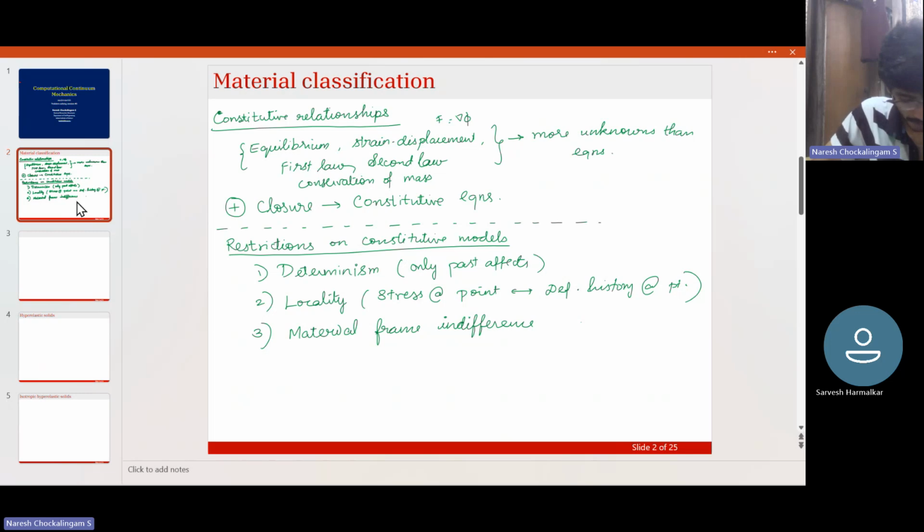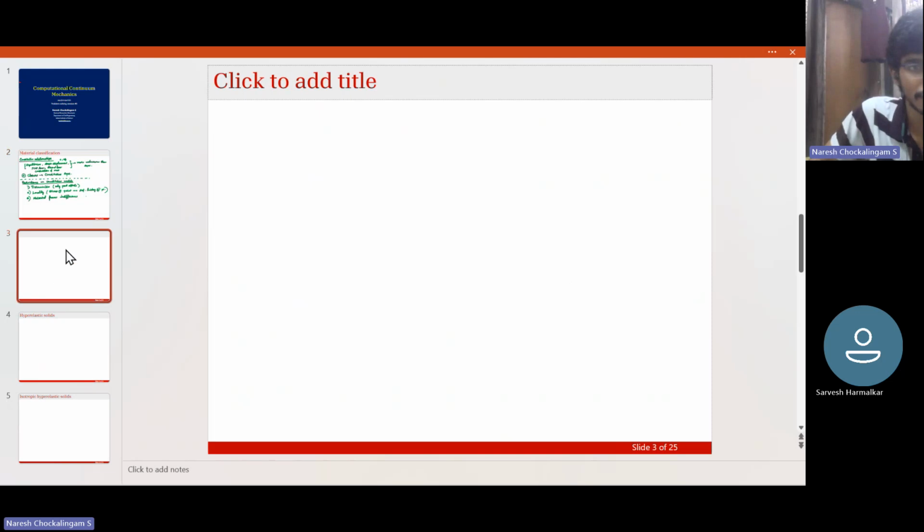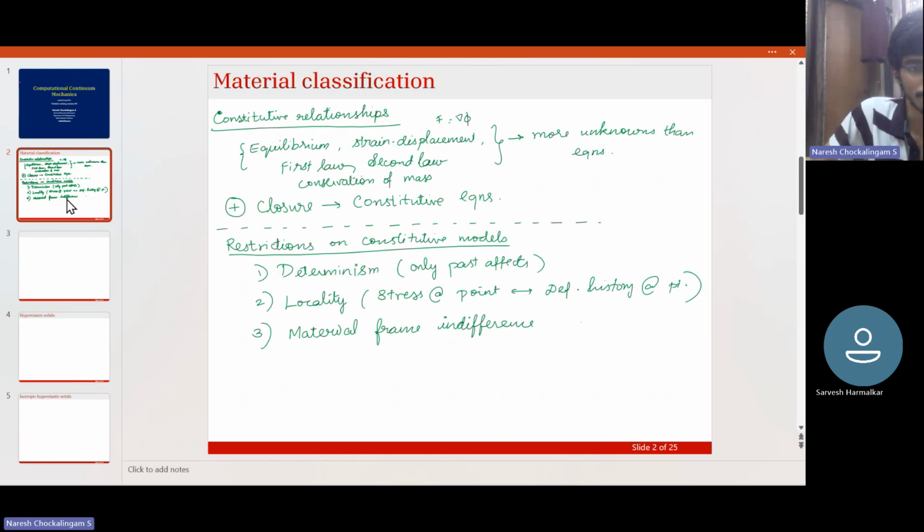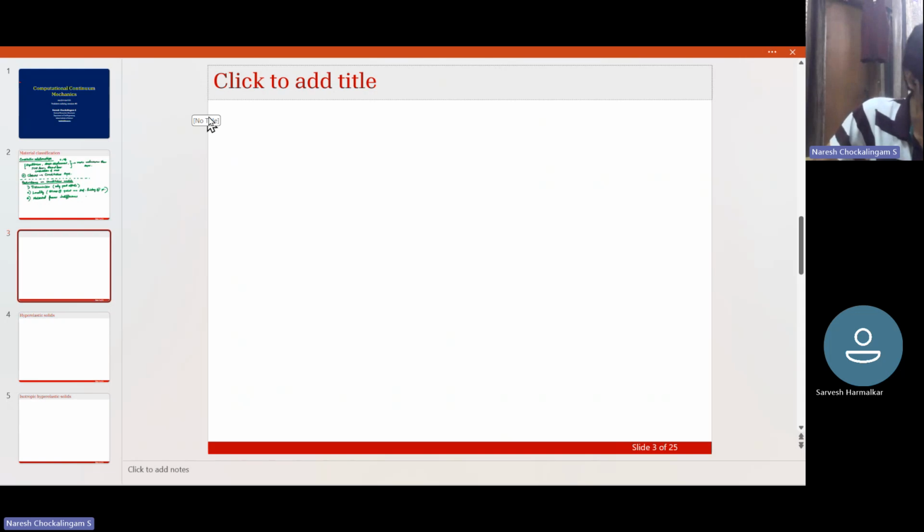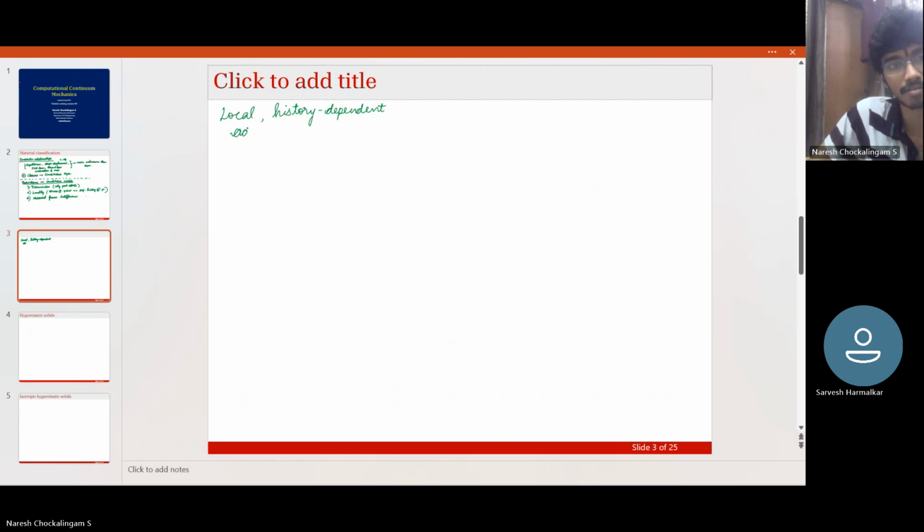So this part was fine. If you look at the hierarchy of materials, the broadest category that satisfies all these three is the class of local, history dependent, aging materials.